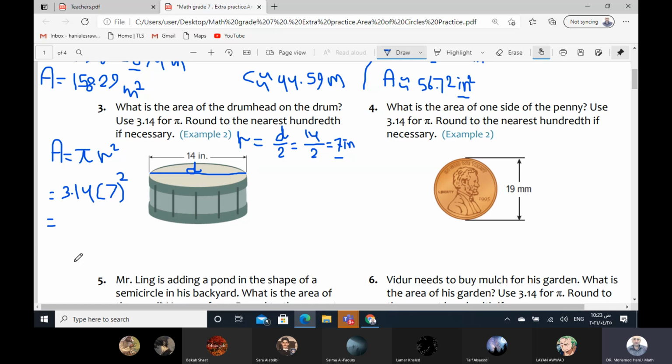Now we can calculate 3.14 times 7 squared, which means 7 times 7. So the answer will be 153.86 inches squared.